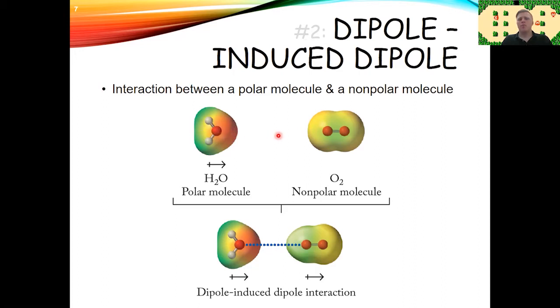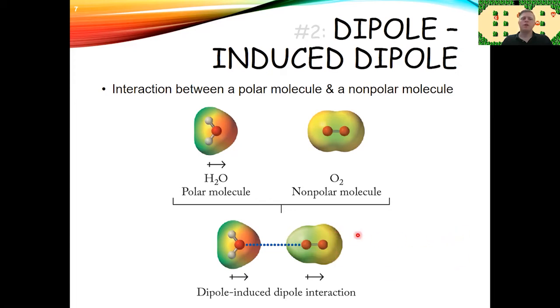Now, if this water approaches something like O2, which is a nonpolar molecule, what it can actually do is induce O2 to move its electron density away from the negative part of water. Therefore, we have this partial positive, or this induced partial positive, in our nonpolar molecule. And now, as you can imagine, we have some negativity built up over here.